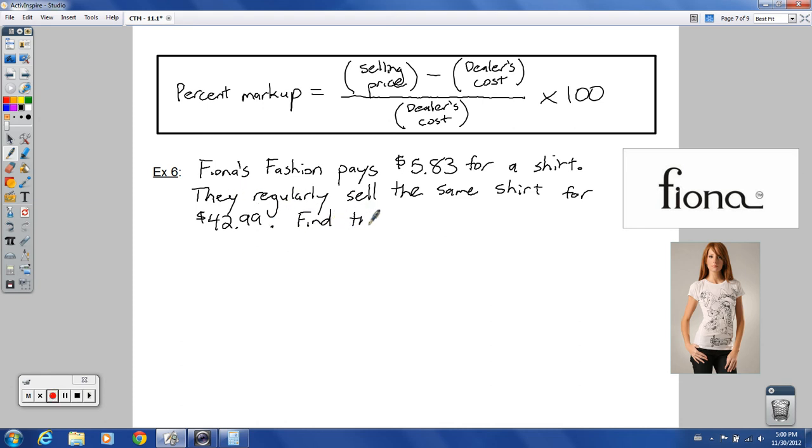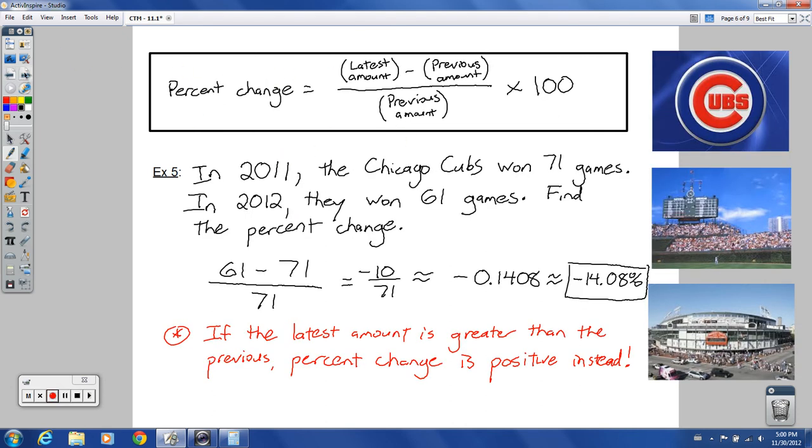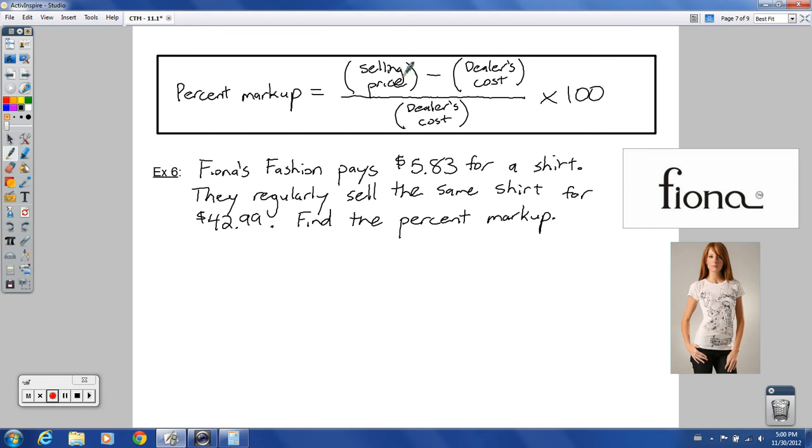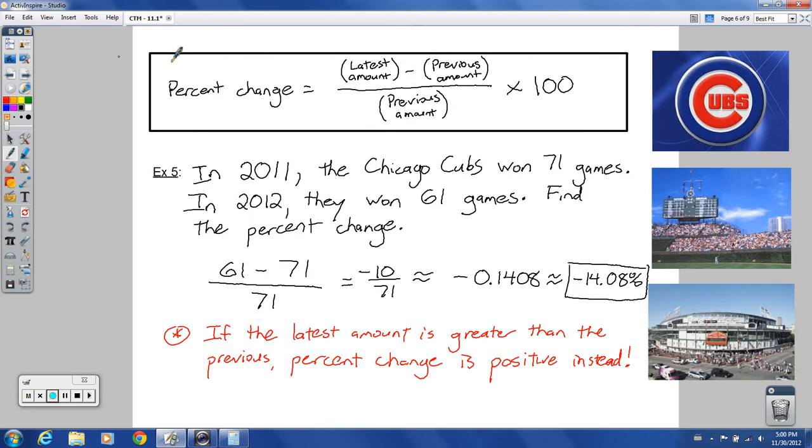So find the percent markup. So what's the percent markup going to be? We look back at this, same idea as percent change, just with the selling price and dealer's cost instead of previous amount and latest amount in there.